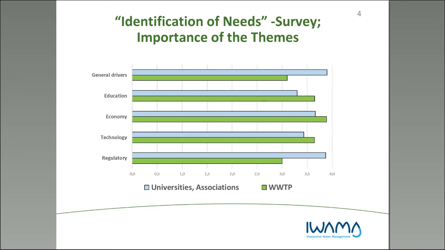This is mainly because in future, this communication, for example in the forthcoming IWAMA wastewater hub, is probably done by the associations and supported by the universities, for the use of the wastewater treatment plants. By the way, one of the single factors identified as highly important by all the partners was the holistic perspective to wastewater treatment processes. So this is one of the main ideas when part of these capacity tools are further developed.